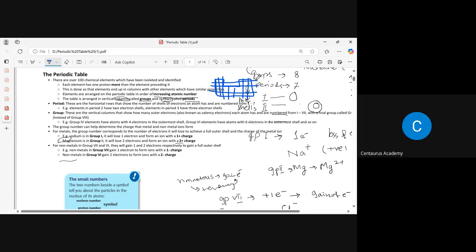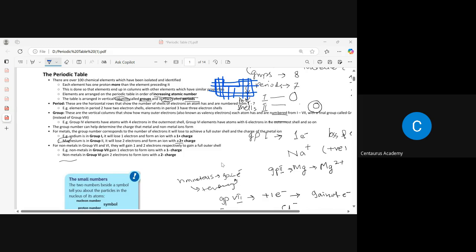Whenever you have to number the periods, it's better to start off at the top, so that you don't miss the first horizontal row, which has the elements hydrogen and helium, with atomic numbers 1 and 2.